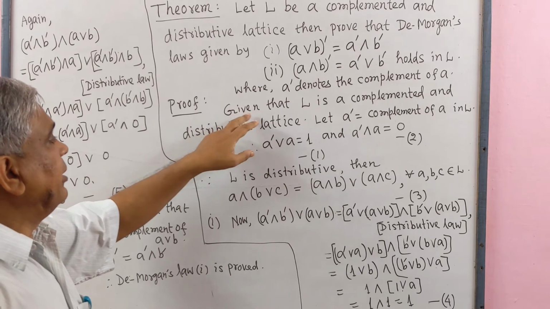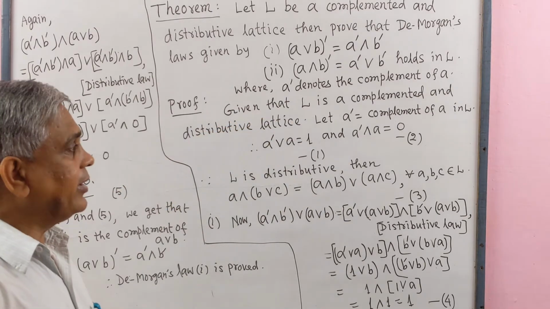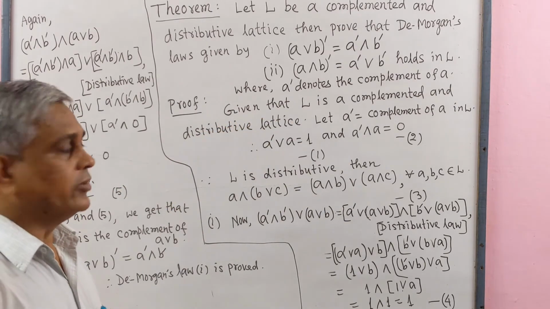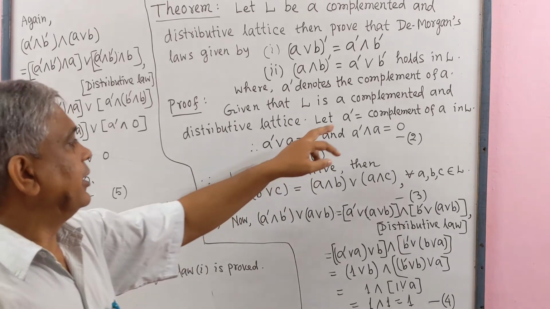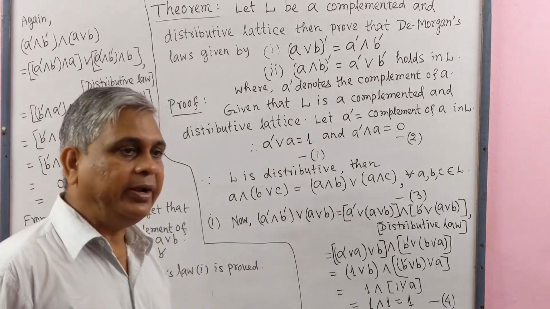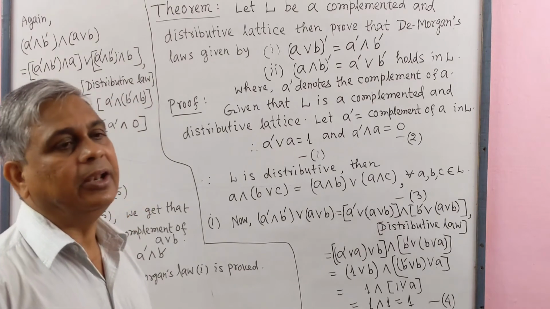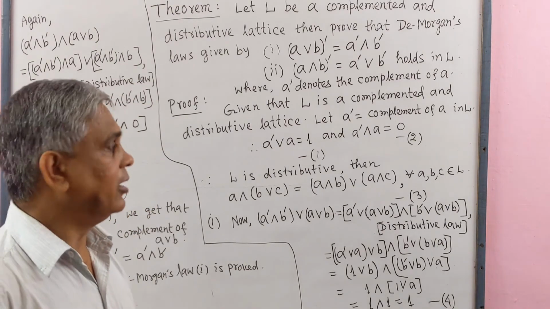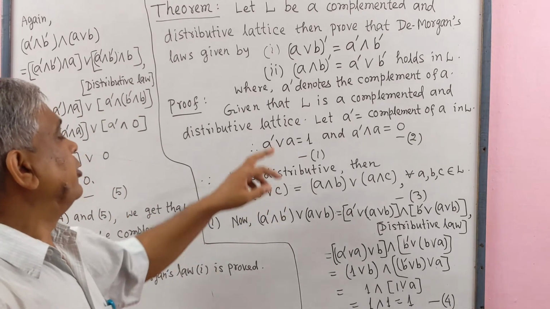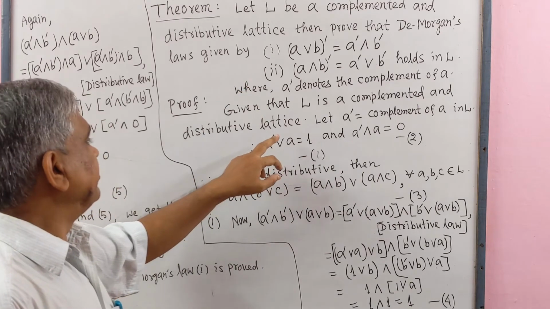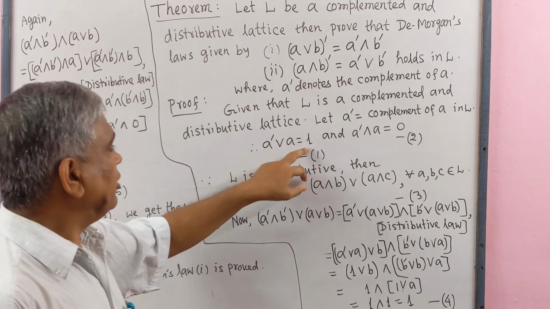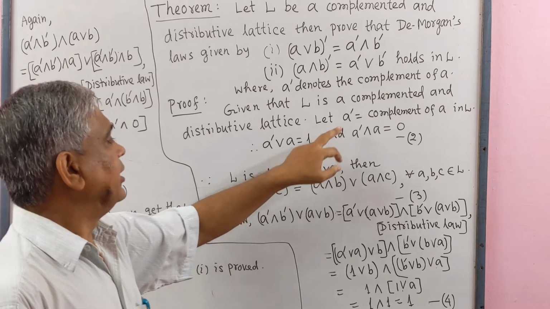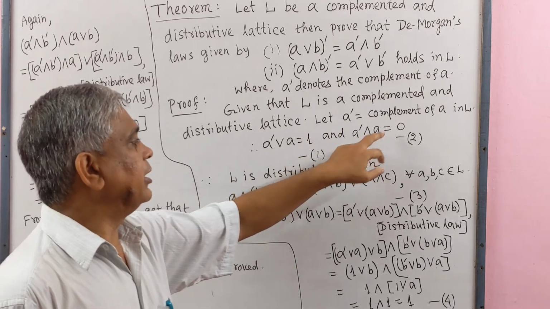Prove. Given that L is a complemented and distributive lattice, let A prime equal the complement of A in lattice L. Therefore, A prime join A equal to 1 and A prime meet A equal to 0.